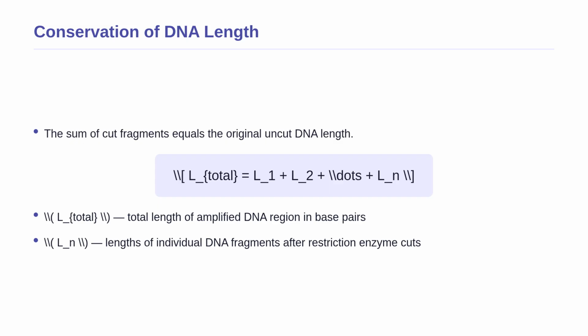L total represents the total length of the amplified DNA region in base pairs. The variables L1, L2, and Ln represent the lengths of the individual DNA fragments generated after the restriction enzyme cuts the DNA. If a mutation destroys a cut site, two smaller fragments combine into one larger fragment, but the total length remains perfectly constant.